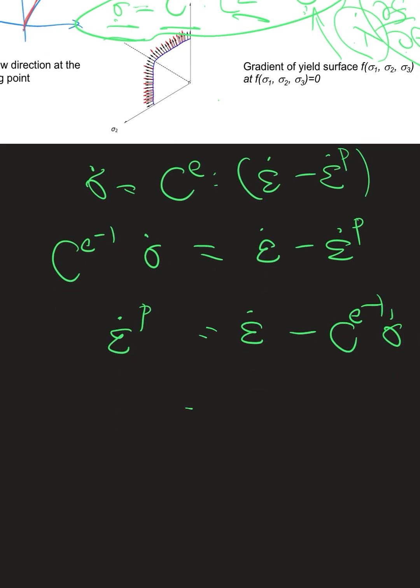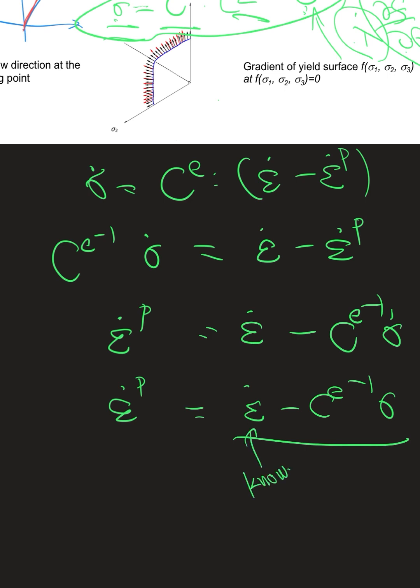Now, if I know the orientation of this, I can obtain the direction. So this one is known, and this one is known from experiment.